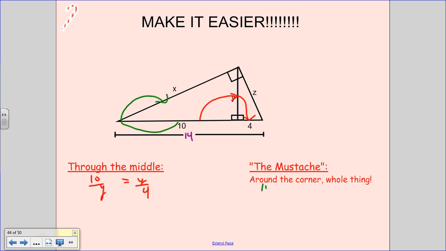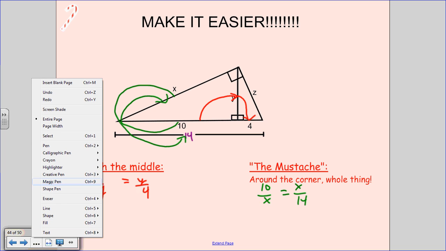So it would be 10 is to x. And then you go back around from x to the big side. So it is equal to x over 14. That's one corner of the mustache.